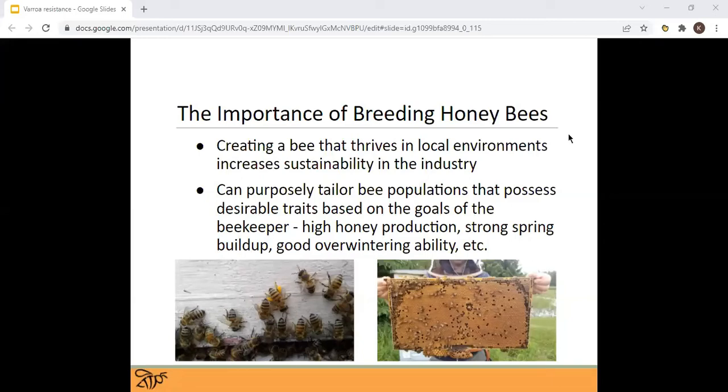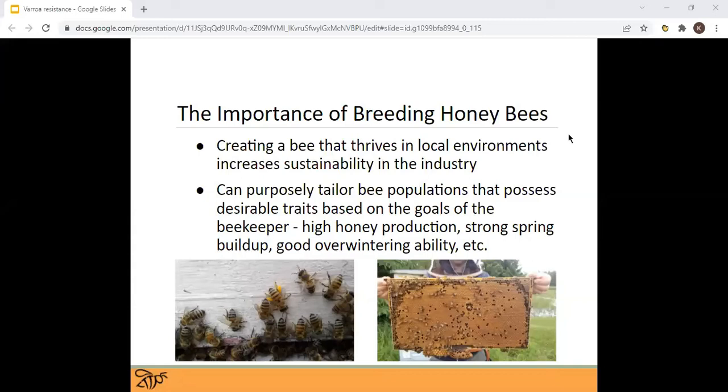And breeding bees, even if you're not a breeder yourself, it's important to understand and appreciate. Breeding can lead to a bee that thrives in our local environment and increases the sustainability of our industry. Bee populations can be bred to possess traits that make them beneficial to the beekeeper, no matter what their goals are.